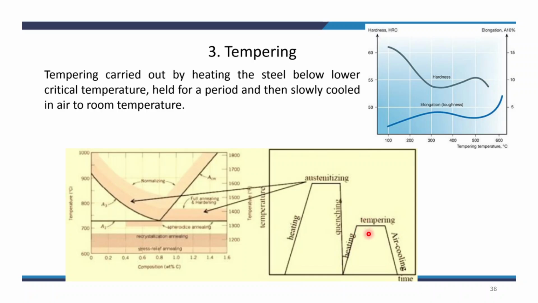Retained austenite will be converted into bainite, and your martensite will be converted into phases such as very fine cementite and ferrite, followed by air cooling. After this tempering, with increasing tempering temperature, you see a reduction in hardness and an increase in elongation.